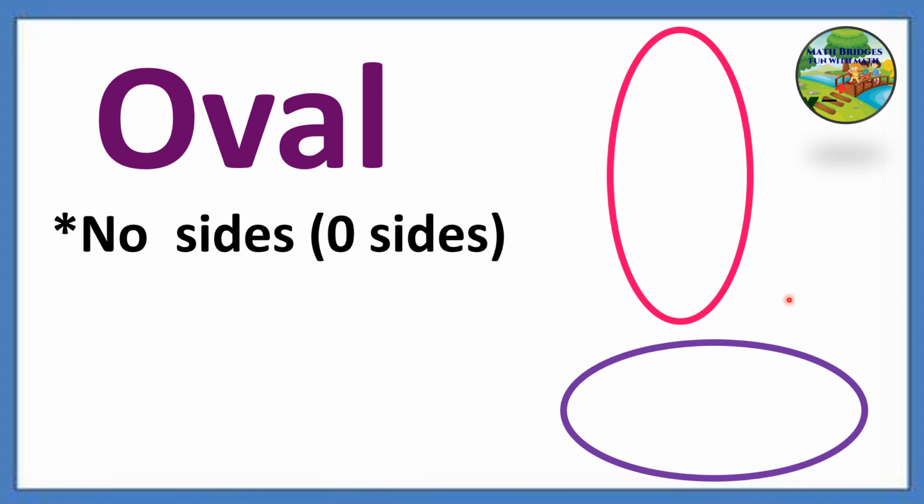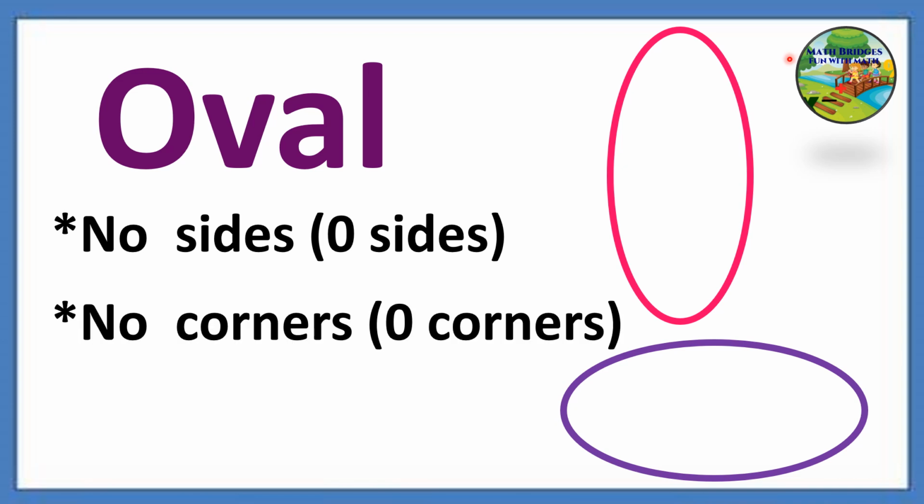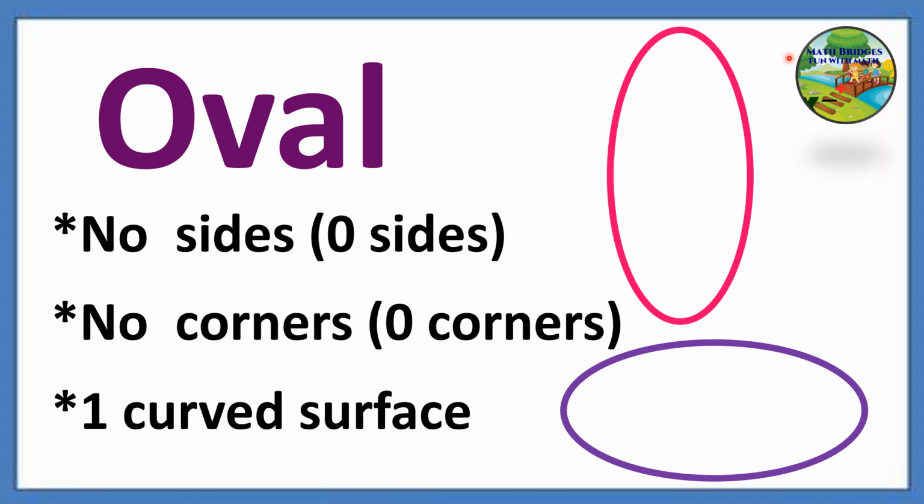So how many corners? Corners are where two straight lines meet. Are there any two straight lines meeting over here? No. So how many corners does an oval have? It has 0 corners and no sides. And one curved surface, same like circle. Circle and oval have the same properties: no sides, no corners and one curved surface.